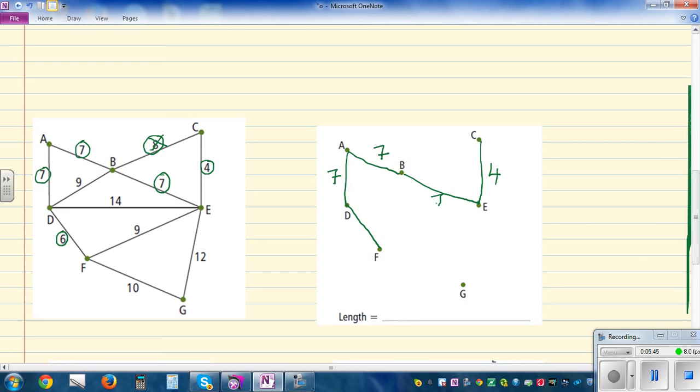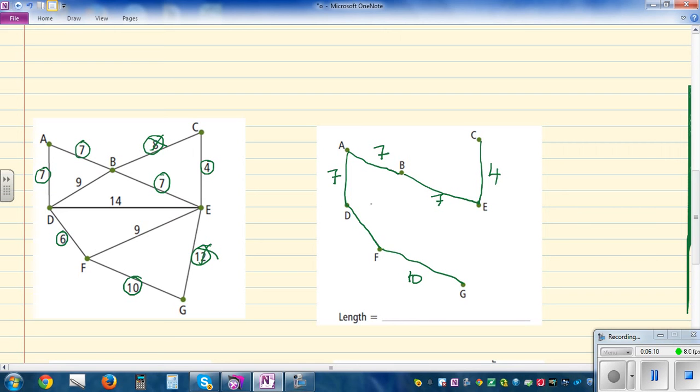That is 7. Now from G, you got 10 and you got 12. This is greater, so I'm not going to use this, I'm going to use this 10. So all the nodes are connected, and this is the minimum spanning tree.